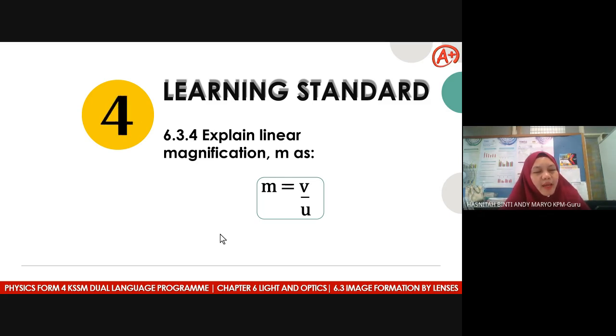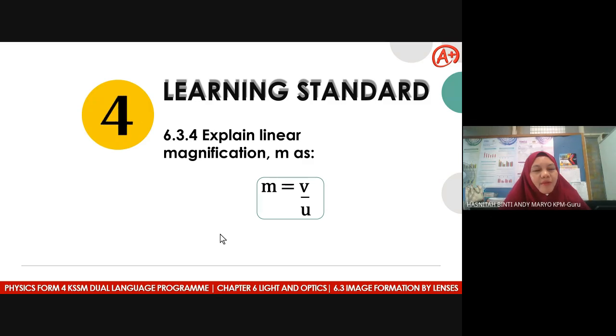Okay, question 1A on page 134. Draw the ray diagrams when the parallel light passes through a convex lens and a concave lens. Mark the focal point F, center of lens O, and focal length, students, not focal point.